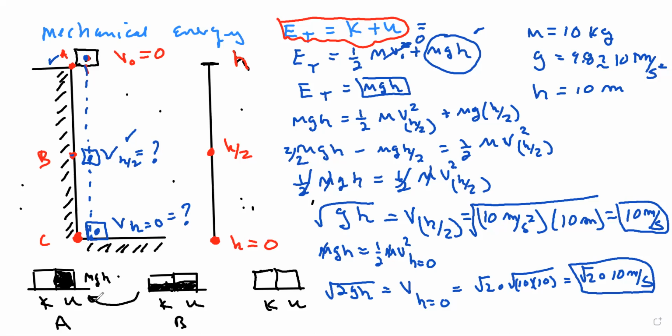And then over here in C, all the energy has turned into kinetic energy. So you can do this diagram over here. So where has all the energy gone? Well, it has been converted into kinetic energy.